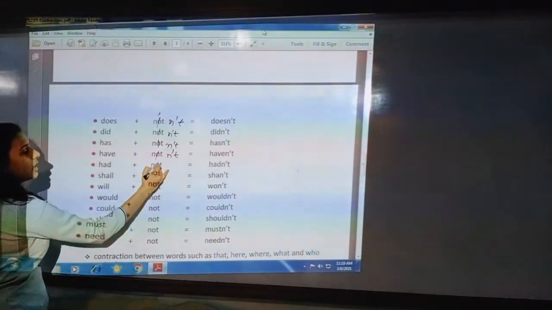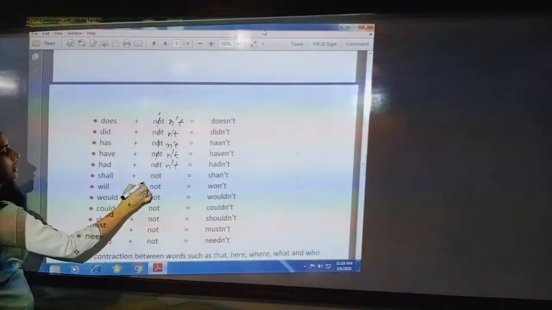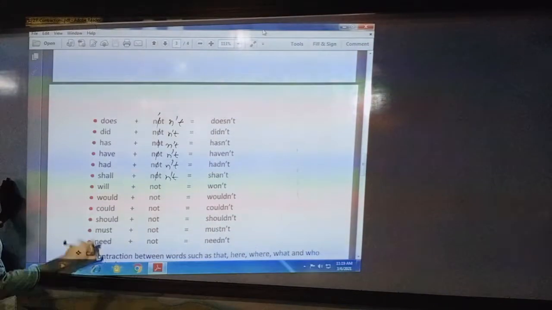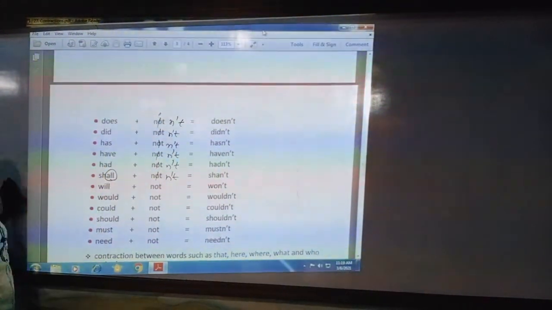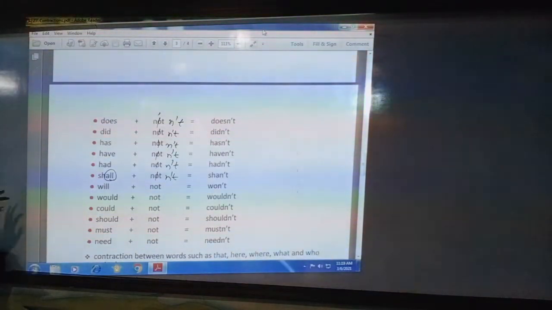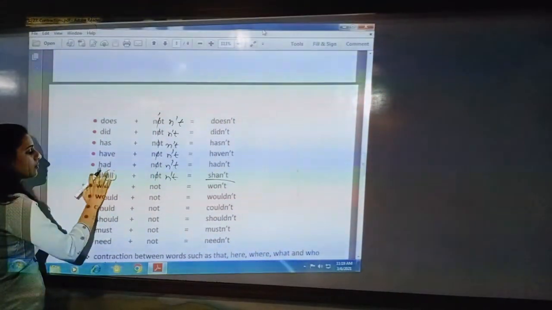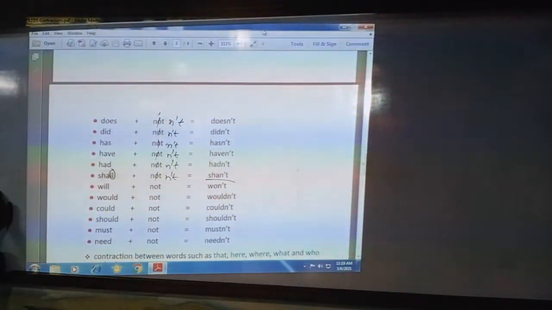Had, apostrophe T, hadn't. Shall, apostrophe T, shan't. Keep in mind that in shall it will become shan't. Double L will be removed from the first word.